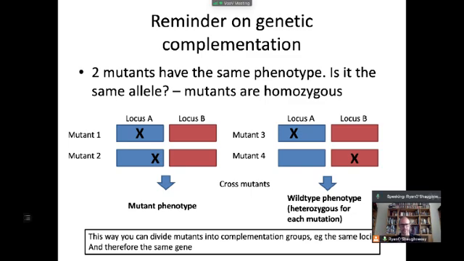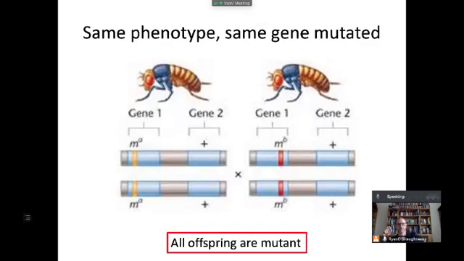So when you see this idea of complementation groups, what they're actually saying is the same locus, and therefore most likely, except in occasions where these mutations are very highly linked, very close to each other in the genome, this typically means that the mutations are in the same gene. So we have the same phenotype, same gene mutated, then all offspring are mutant, right?